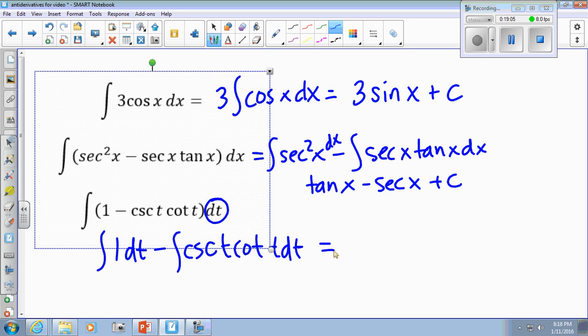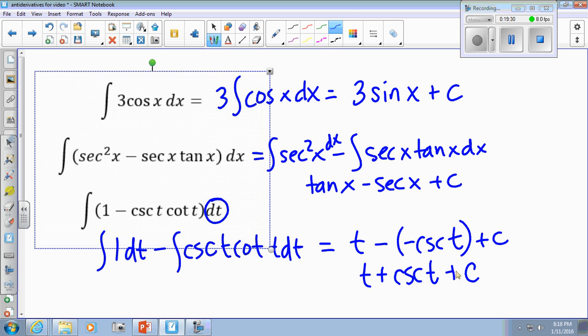But instead of it being x, it's going to be t, minus the integral of cosecant t cotangent t, which is negative cosecant t. Okay, and then I need my plus c. And since I have t minus negative, I am going to write that as t plus cosecant of t plus c as my final answer.